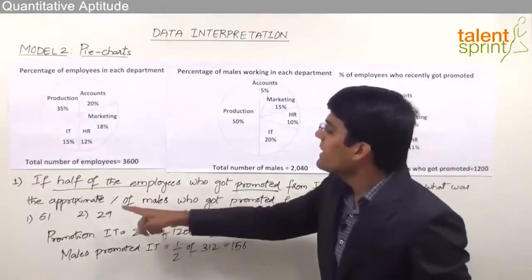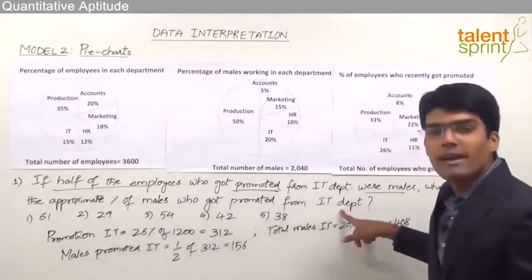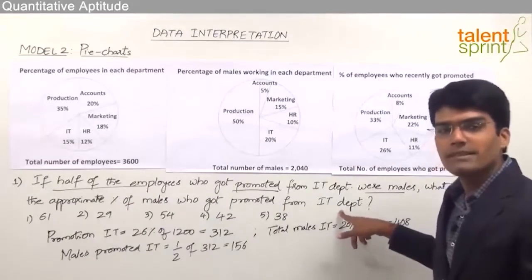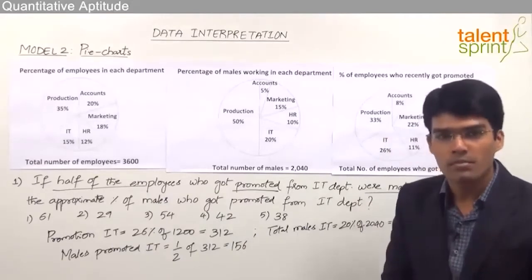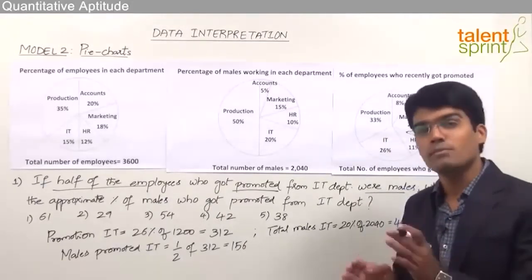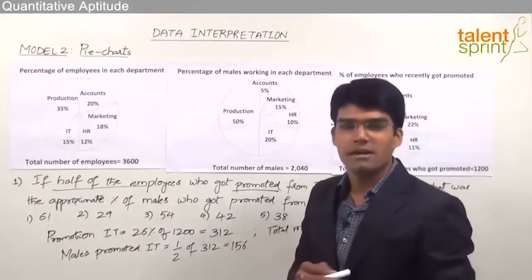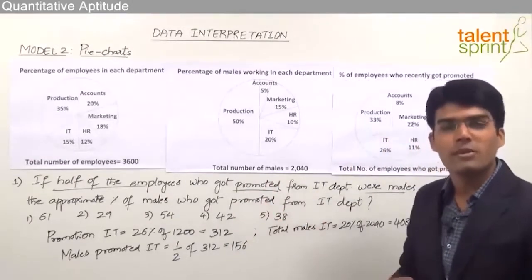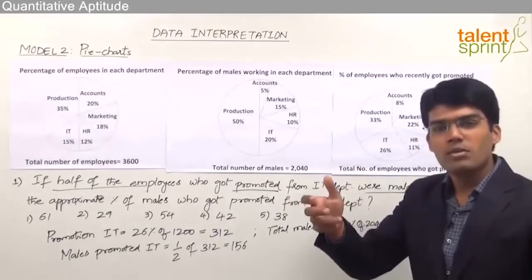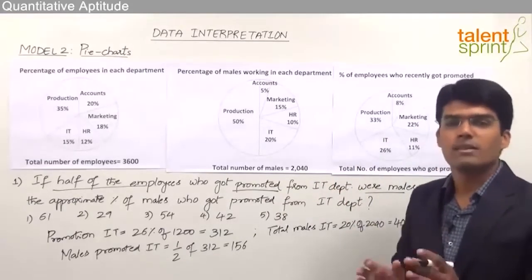Now, approximately what percentage of males got promoted from IT department? If you observe, this question is like X is what percent of Y. The males who got promoted from IT department is what percent of total males in IT department. The males who have got promoted is what percent of total males. That should be taken as males promoted by total males into 100 for the IT department.